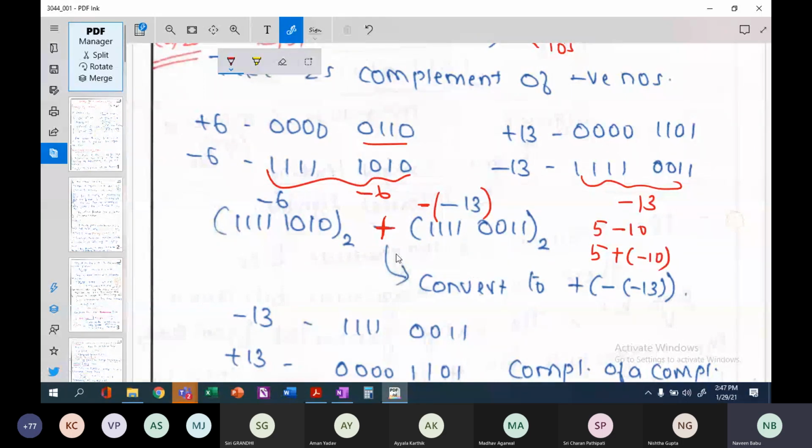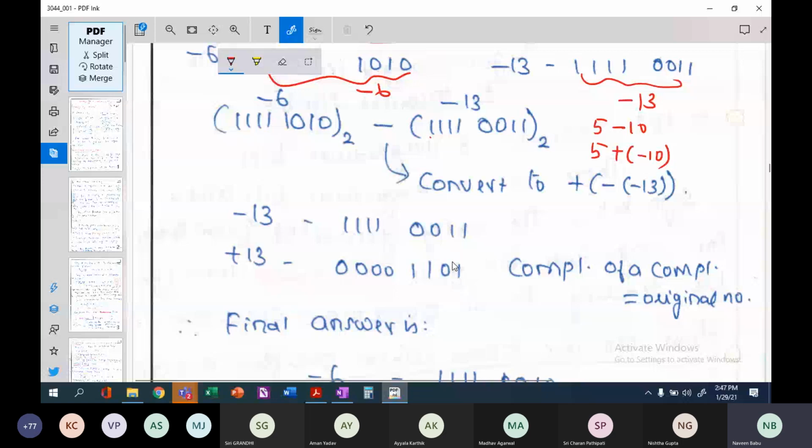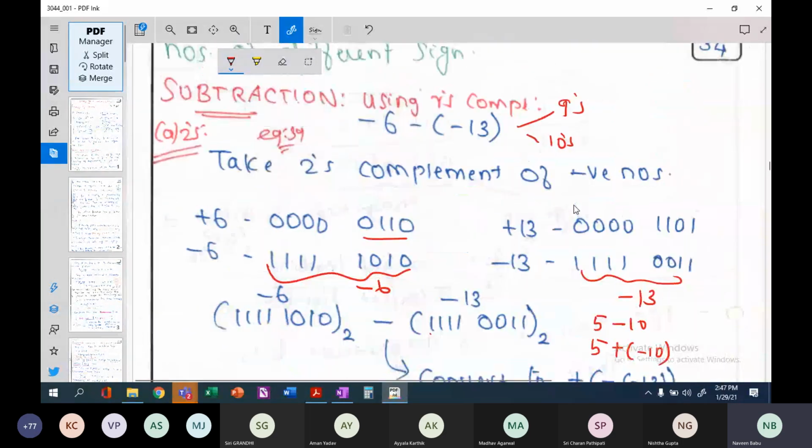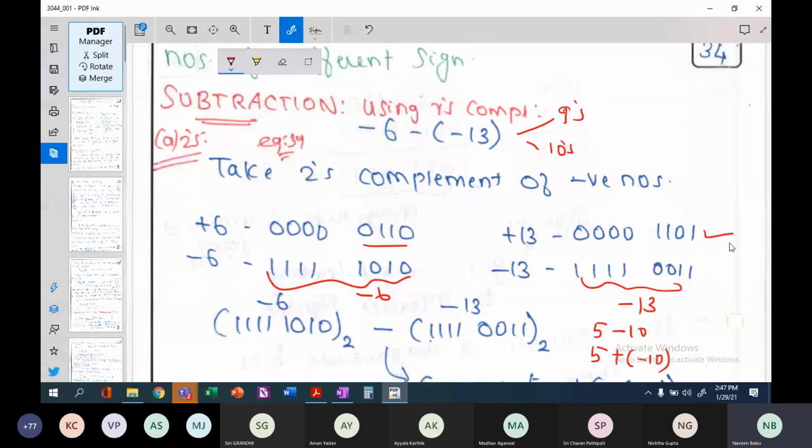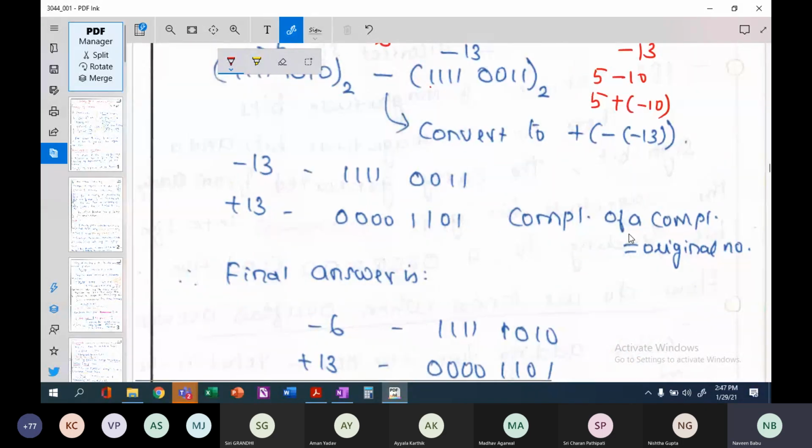Similarly here, if we convert this to plus, then this becomes minus. So the subtraction is converted to addition. So again, one more complement. Minus 13, if you want to represent it as plus 13, take the complement of this: 0001101. We are back to the plus 13 value. So what you understand here is that the complement of a complement number is nothing but your original number.